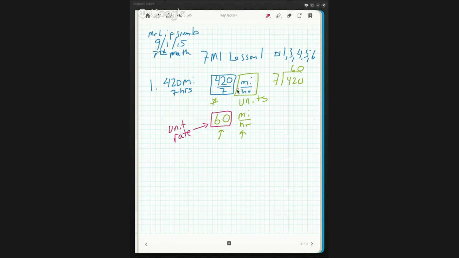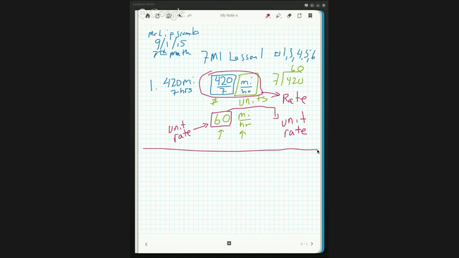The whole thing is the rate, and this number part is the unit rate. So that's A. Now you should be able to answer B, C, and D on your own. I just wanted to give you this hint.